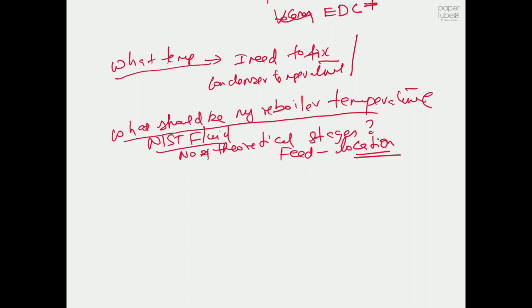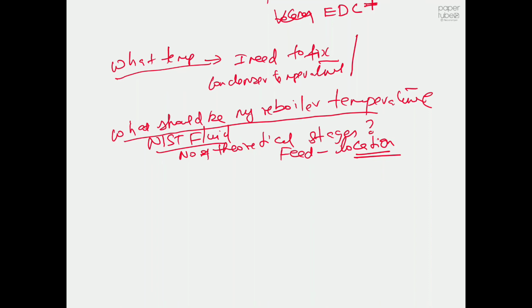Using the shortcut distillation method, we will get information about the temperature we need to fix in the condenser, the temperature in our reboiler, the number of theoretical stages, and where our feed enters. We will calculate these using Aspen HYSYS.